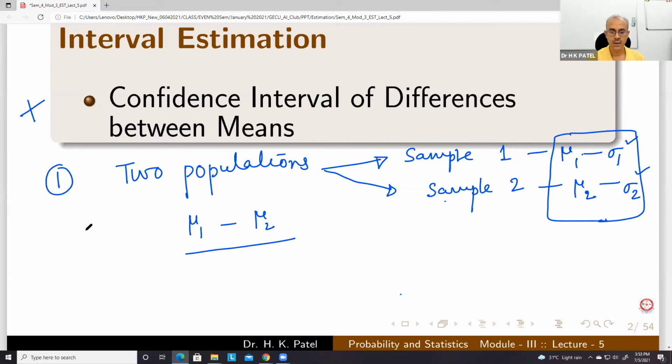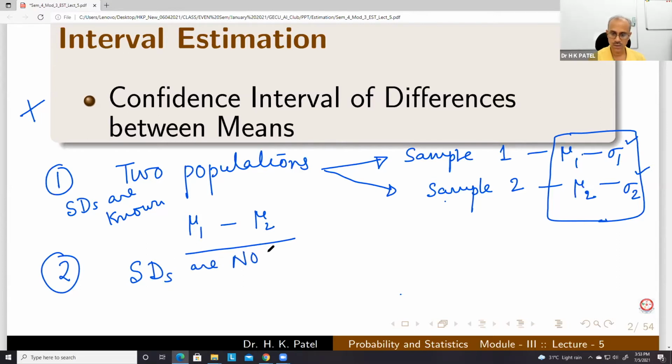Later on, we will have populations whose standard deviations are not known. So here the standard deviations are known, and there they are not known. In that case, we'll have three categories of problems.